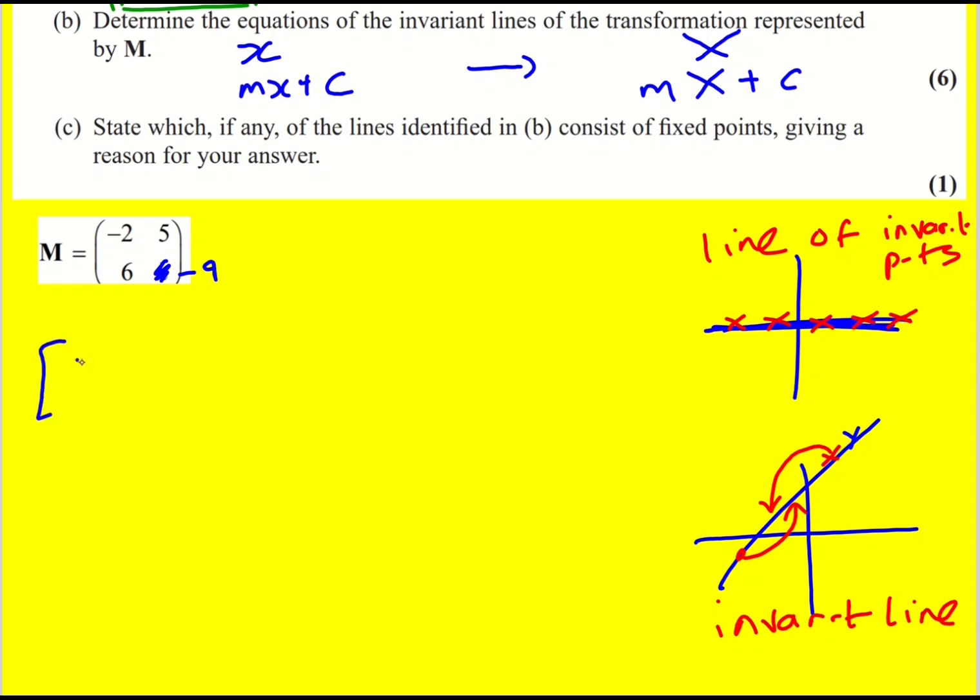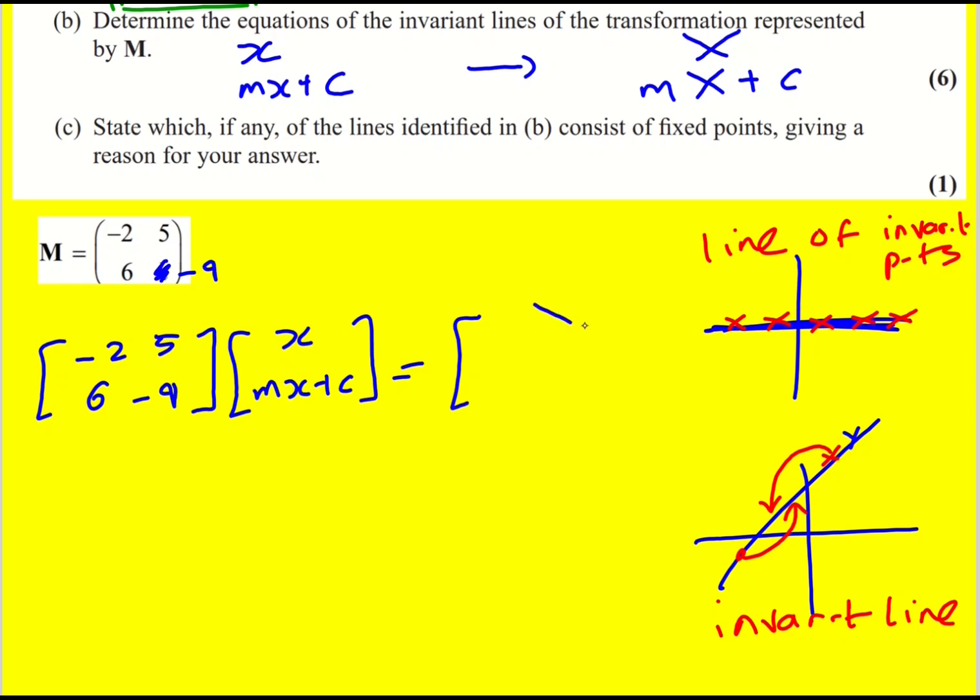And therefore, our equation becomes the matrix minus 2, 5, 6, minus 9, multiplied by this general position vector, x, mx plus c, and that must equal capital X, m capital X plus c. And that is how we find the invariant line. So let's multiply out.